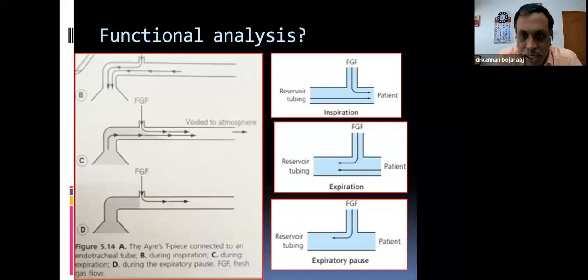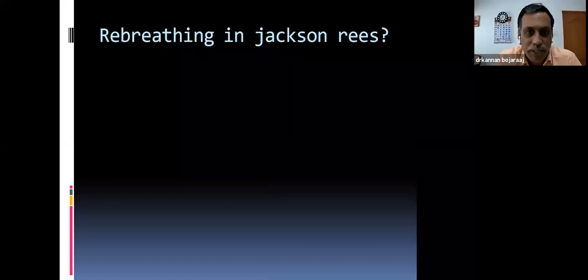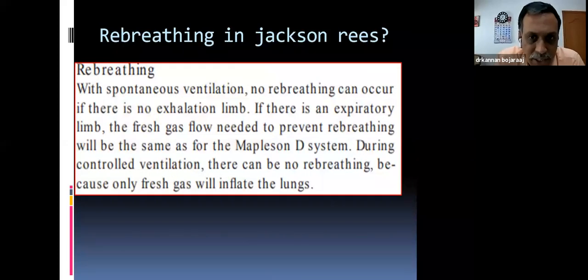This is the picture I already told earlier: what happens during inspiration, where the patient gets gases, what happens during expiration, and what happens during expiratory pause. These three pictures are most important for understanding this functional analysis. And regarding rebreathing in the Jackson-Rees modification, there is spontaneous ventilation.